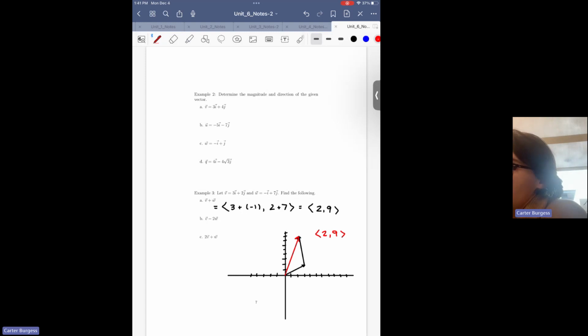But again, we're going to mostly be focusing on the algebraic, where you add the x's, you add the y's.